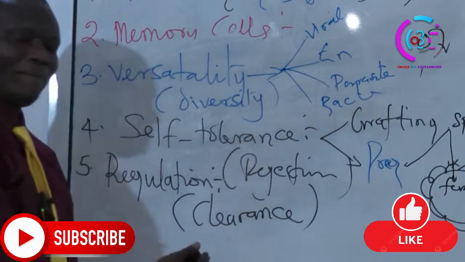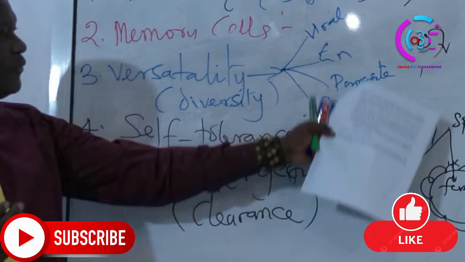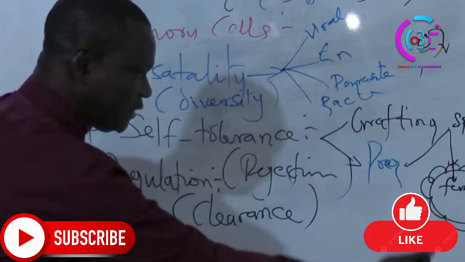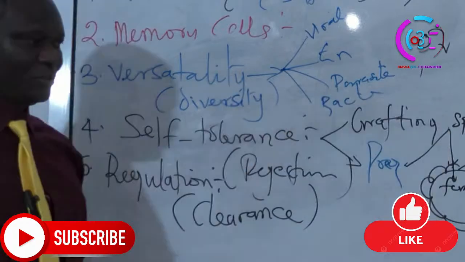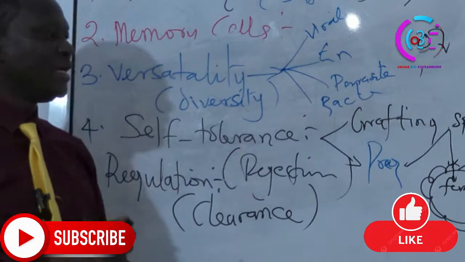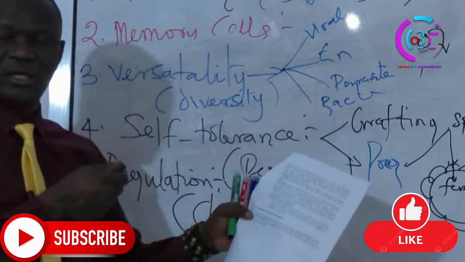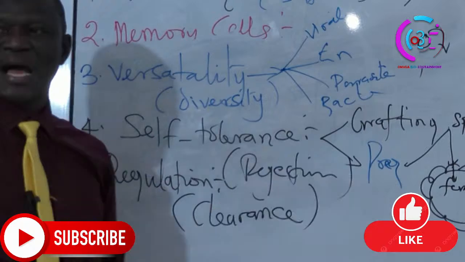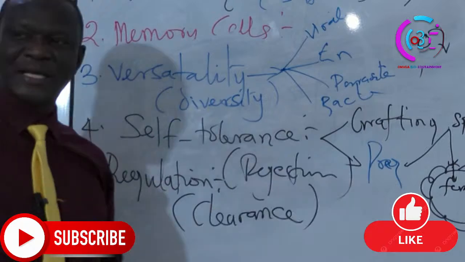After the adaptive immune system has recruited different types of cells, some are used for memory, some are involved directly, they paralyze the invading antigen, they paralyze the pathogen.